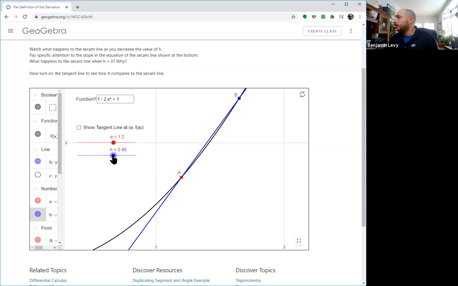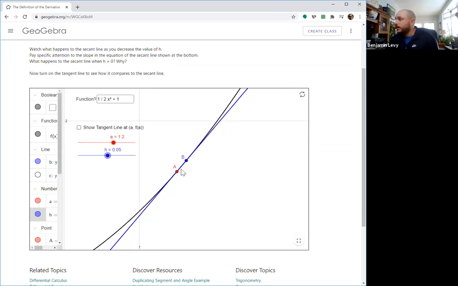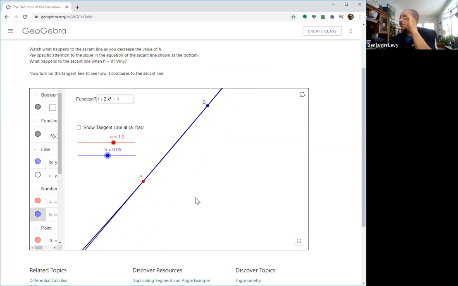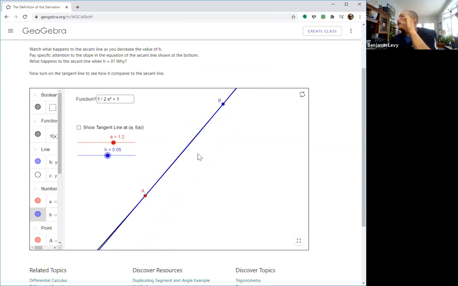But as this point B gets closer and closer to A, it essentially approximates the straightness of that line at that location. So I'm zooming in again, and you can see it's still doing an average rate of change between those points, but the blue and the black line are right on top of each other because it's approximating how curvy it is. And again, if B gets closer and closer and closer, it eventually will approximate the exact steepness at that location.